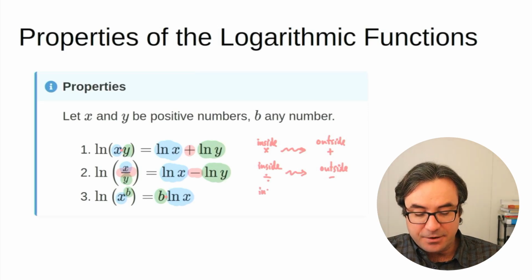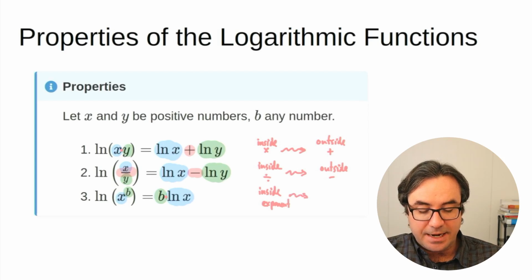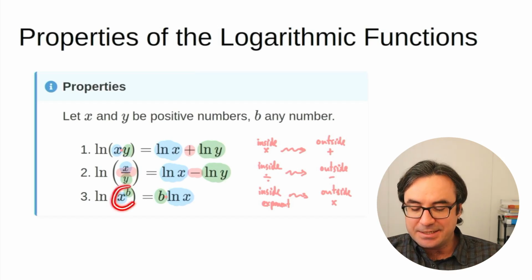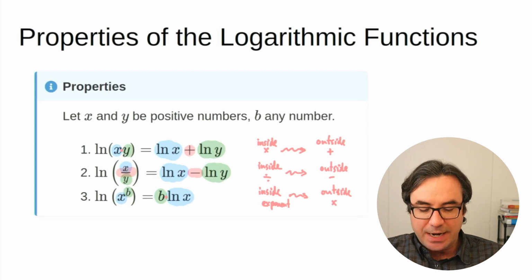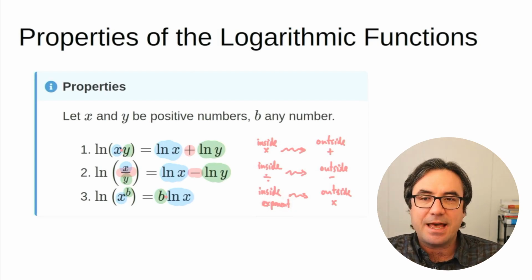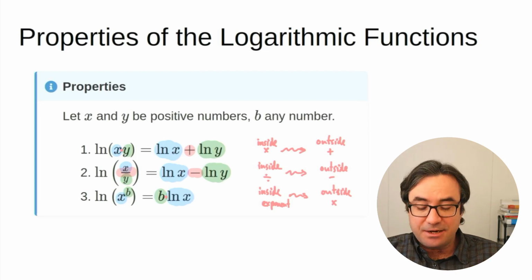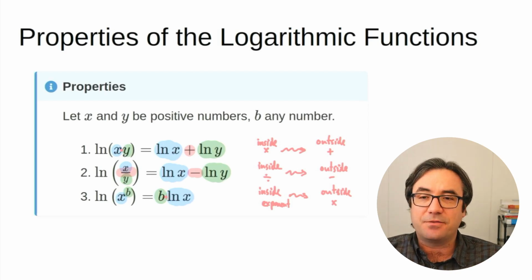So inside we have an exponent, and outside it becomes multiplication. Having a power function is kind of like repeated multiplication, so an exponent is more complicated than multiplication. So when we have an exponent inside the log function, it gets converted into multiplication outside the log function. So again, kind of nice, kind of helpful. And let's see how we can use these.